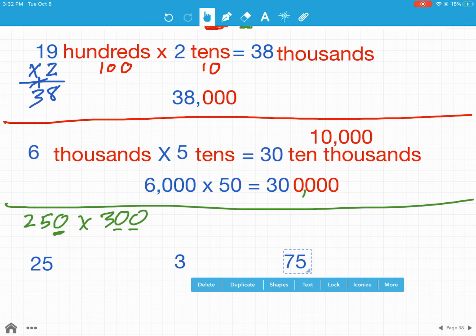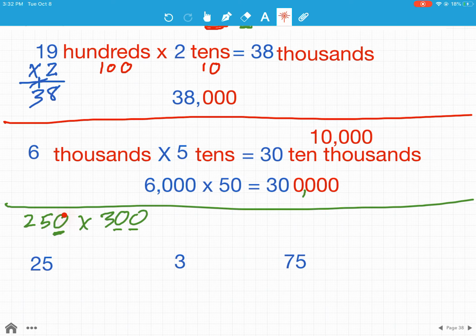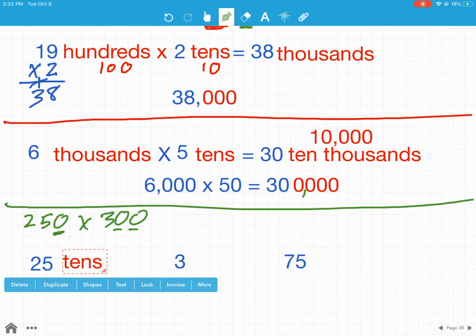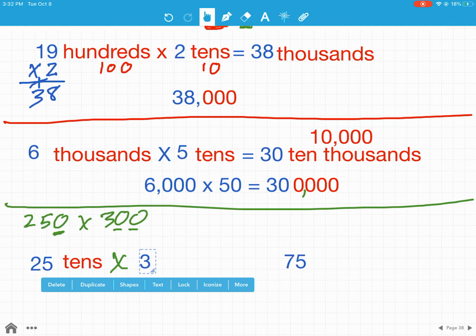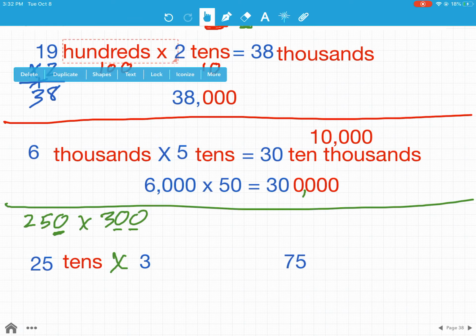So our answer is going to be 75 something. Okay, so we have 1 zero here. So that's 25 tens. We're going to multiply that times a 3, and it has 2 zeros behind it.